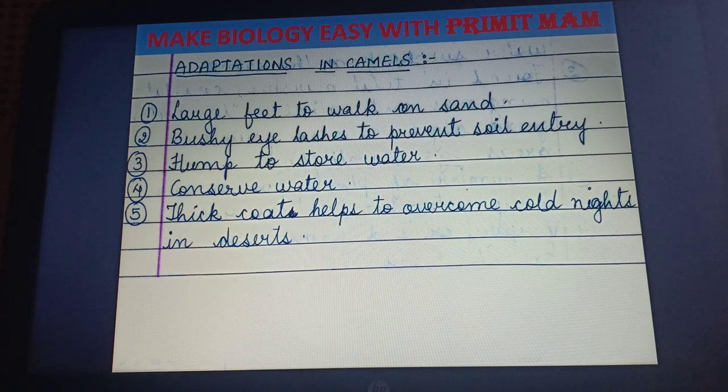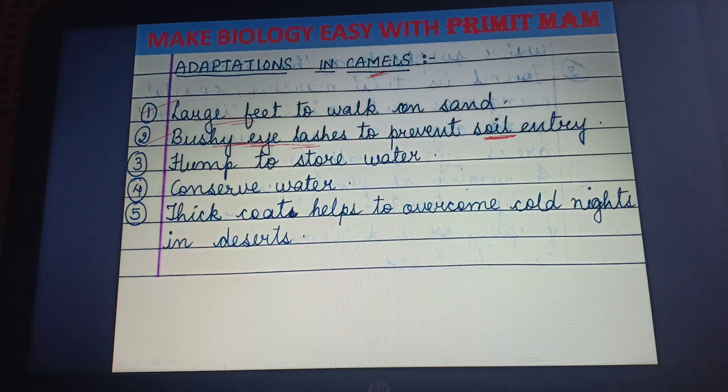Now let us see the next slide, that is adaptations in camels. Again, camels are found in deserts. They are desert animals. The first adaptation is they have large feet to walk on sand, so that they can walk easily on the sand. The second adaptation is they have bushy eyelashes. Because of bushy eyelashes, soil does not enter the eyes.